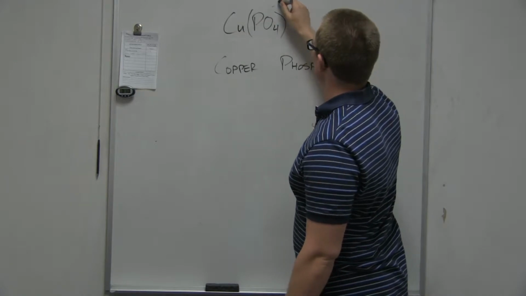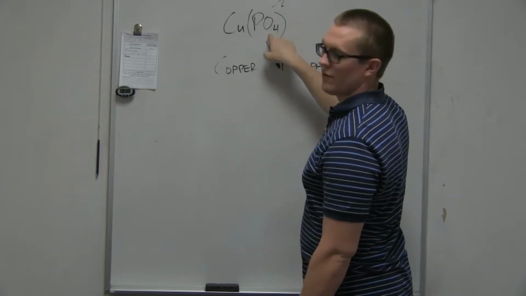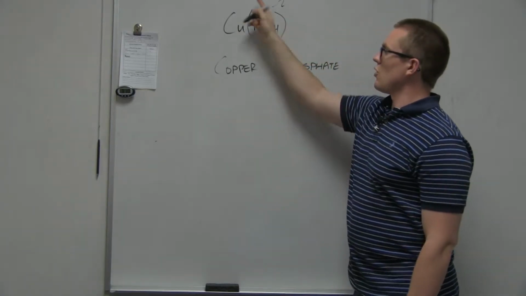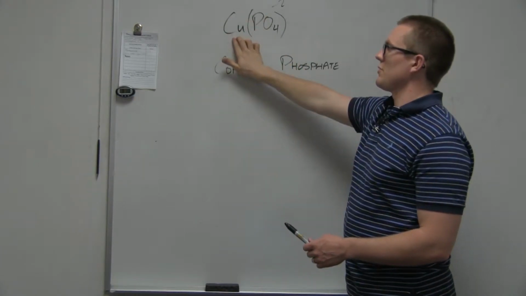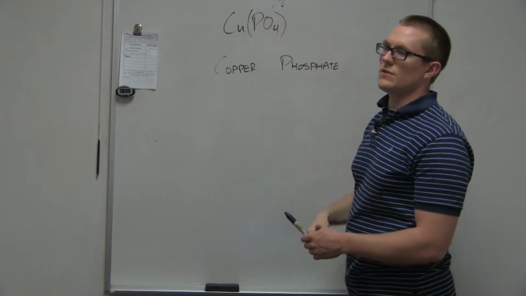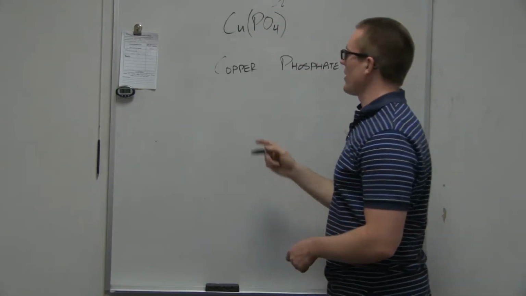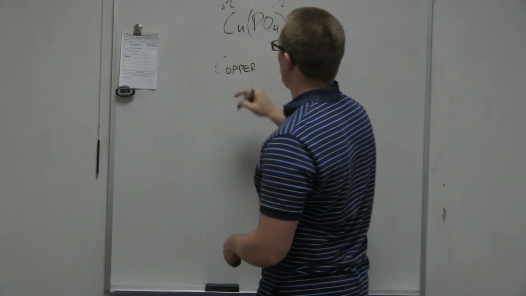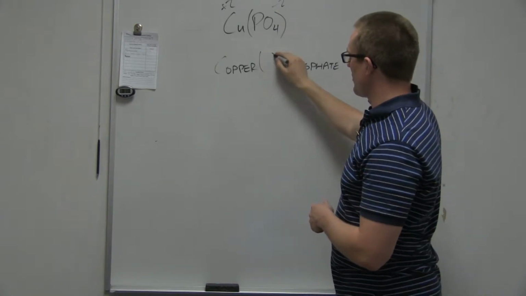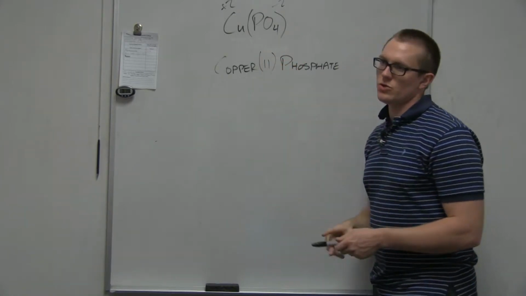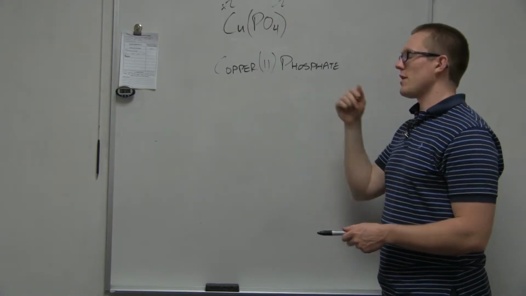So it's a negative 2 charge for the phosphate. And for this whole thing to be neutral, what would the charge of the copper need to be? It has to be positive 2. Right. So when we're naming it, we would put in parentheses the Roman numeral 2, and it'd be copper(II) phosphate.